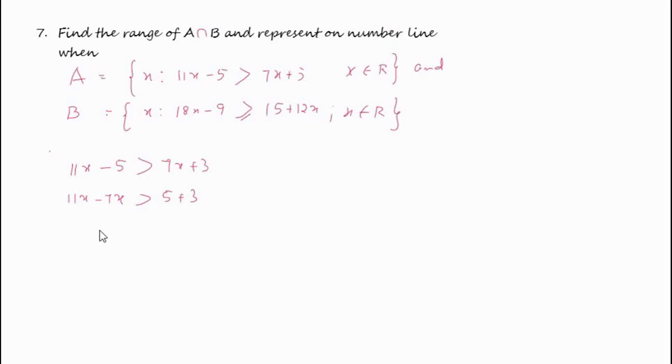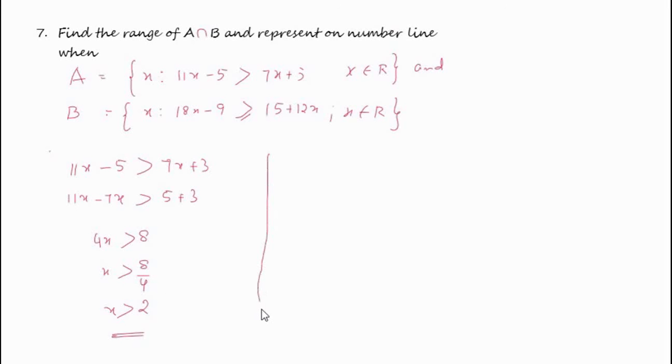So 4x greater than 8, dividing both sides by 4, x greater than 8 divided by 4, so x greater than 2. So this is the solution for linear inequation A.